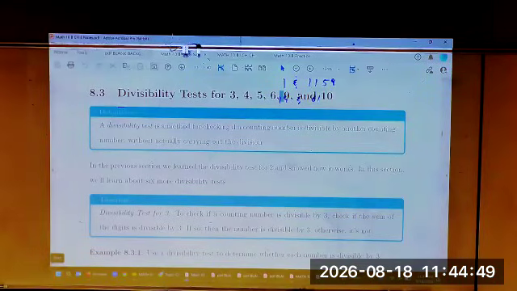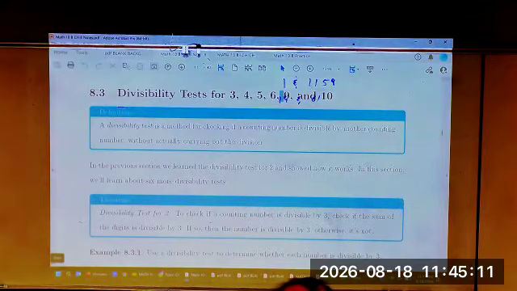It's interesting. There's a rule for 7, there's a rule for 11, there's a rule for 12. Well, 12 is just, do 4 and 3 work? If it's divisible by 4 and divisible by 3, then it works. But there's a rule for 13, there's a rule for 17. All these numbers have their own rules.